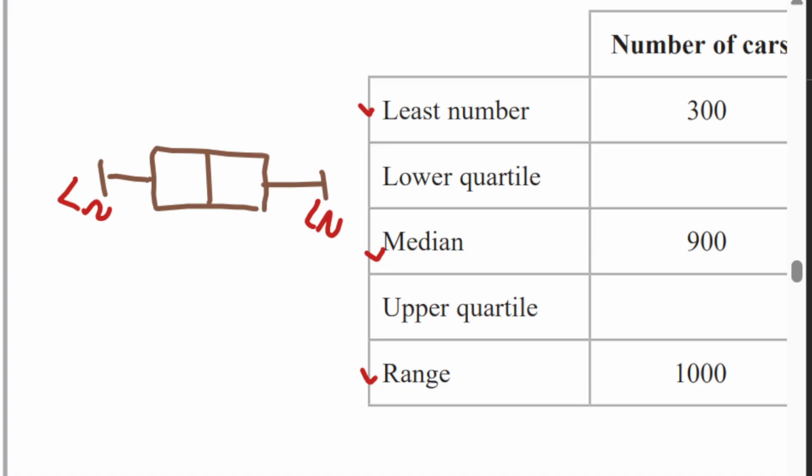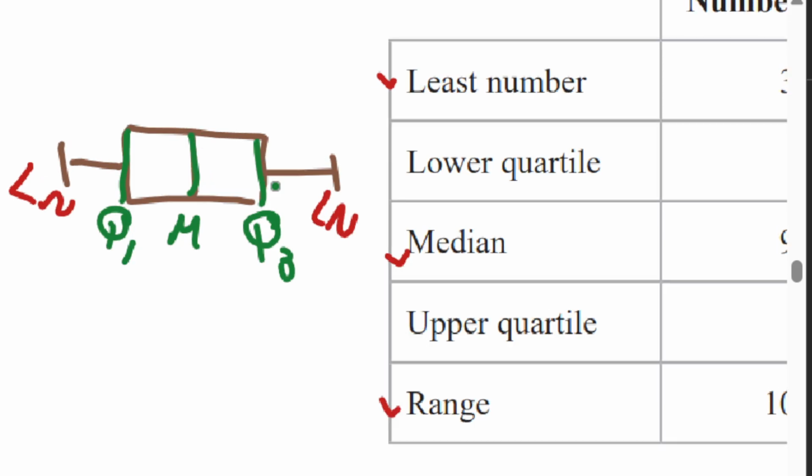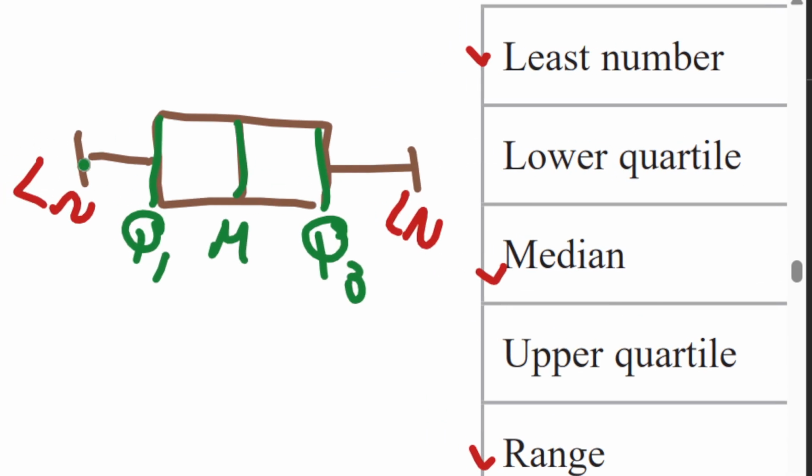Then you have 3 lines here, which are the lower quartile, the median, and the upper quartile. That's how we put this information: the smallest number, the biggest number, the lower quartile, the median, and the upper quartile.